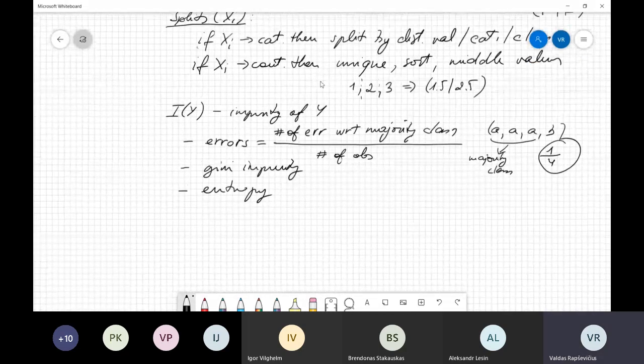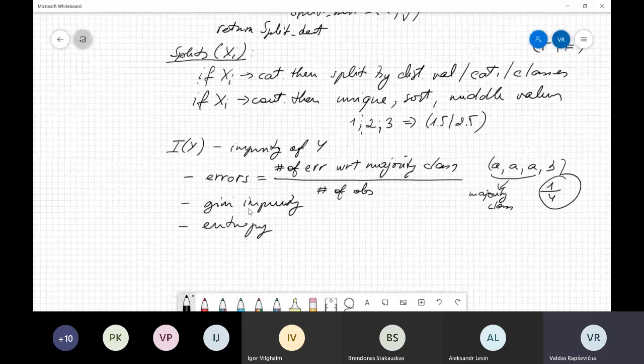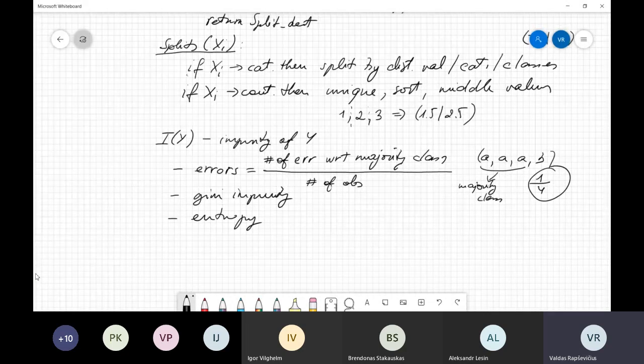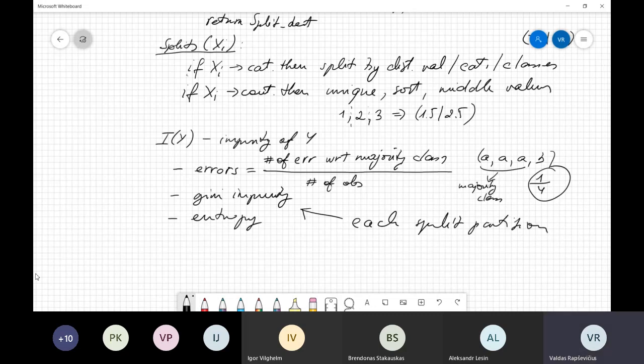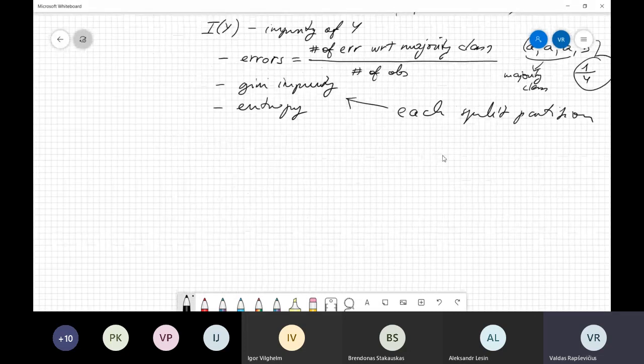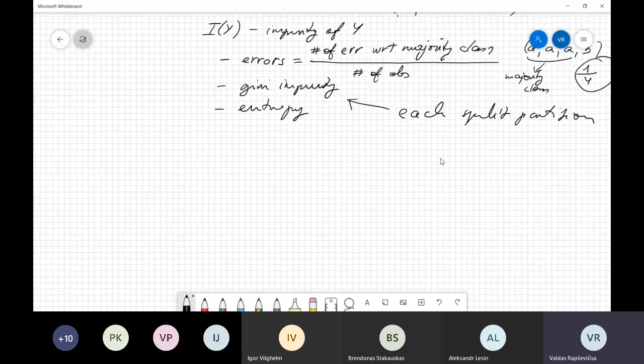Now, we can calculate these for each branch, for each split partition. To calculate the overall quality of the split, we need to calculate the impurity of the split.